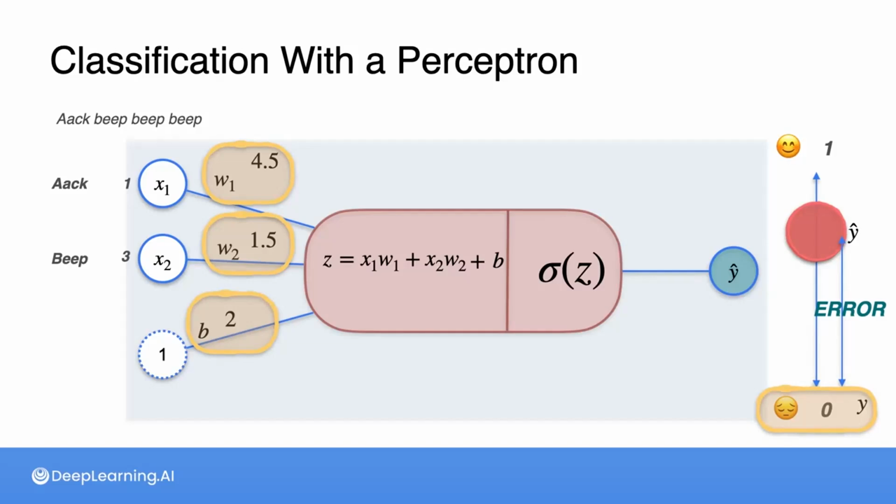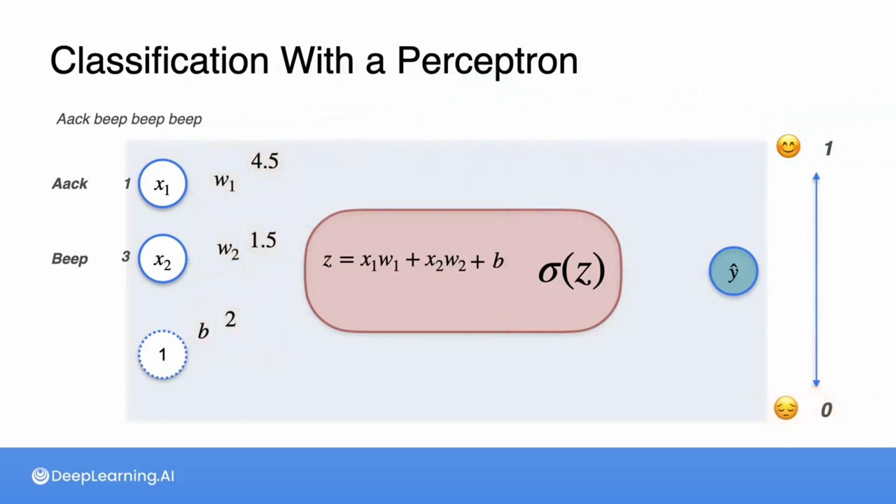Now you may think y hat minus y works really well, or y hat minus y squared, or 1/2 times y hat minus y squared, all the error functions we've seen before. Those work. But for classification, the one that works best is called the log loss. So next, I'm going to show you how the log loss is calculated.